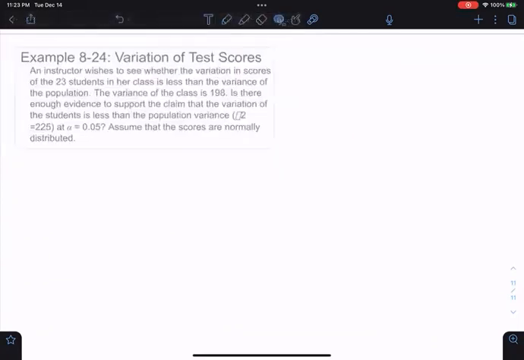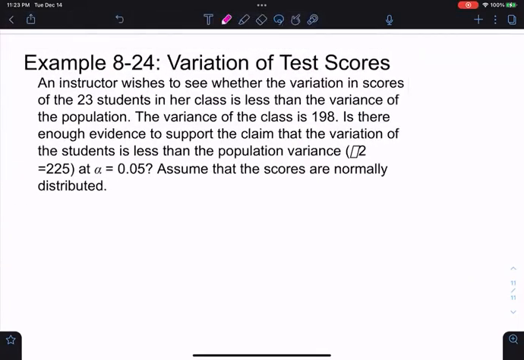Here an instructor wishes to see whether the variation in scores of 23 students in her class is less than the variance of the population. So 23 students, right? The variance of the class is 198, right? Is there enough evidence to support the claim that the variation of the students is less than the population variance sigma squared of 225?